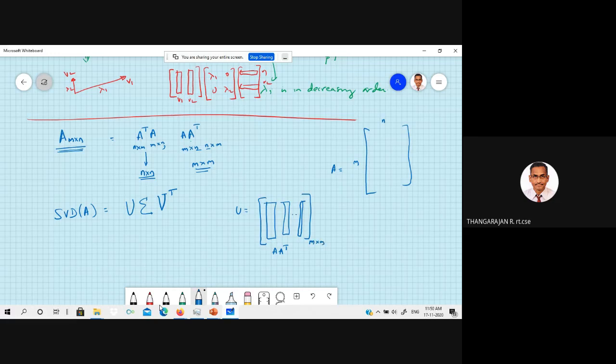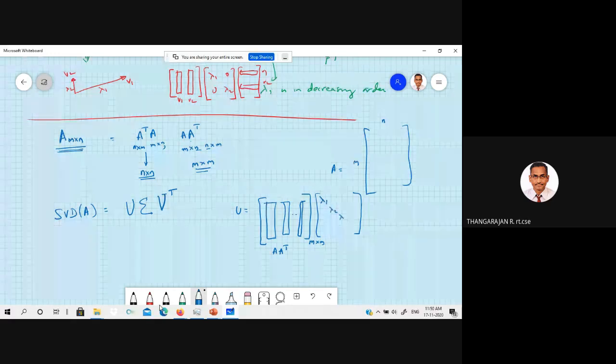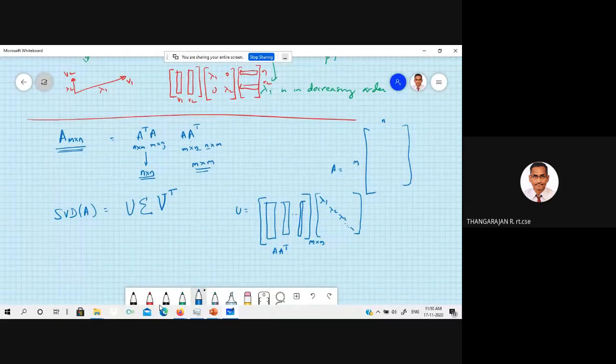What is sigma? Sigma is a diagonal matrix with eigenvalues on the diagonal, in decreasing order. All other entries are 0.